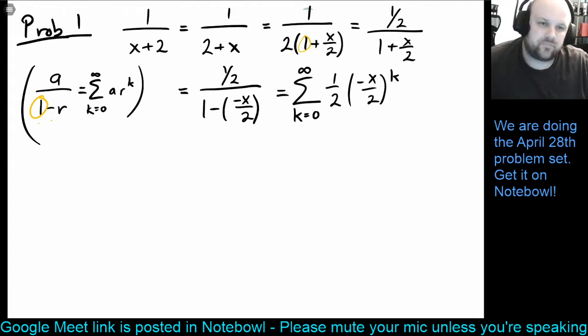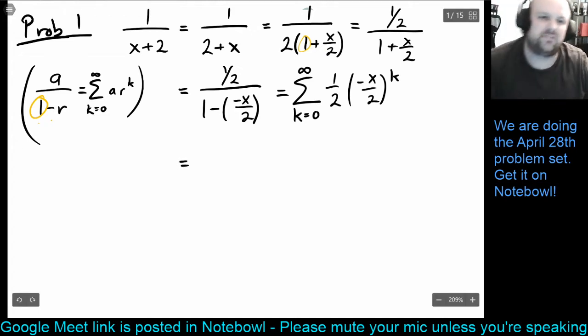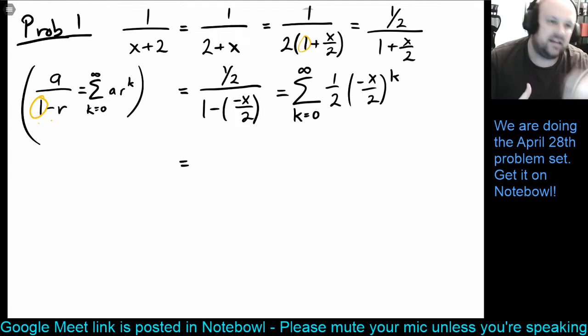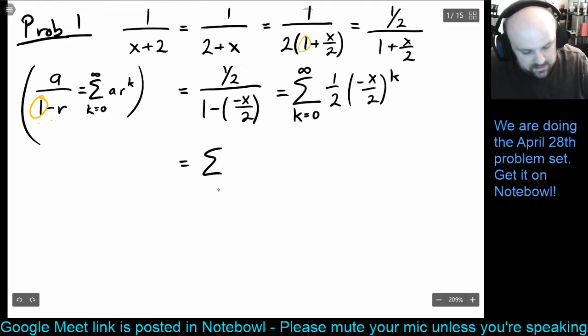Usually, we like to unpack this a little bit and get the x to the k part by itself, so that we have the coefficient piece and then the variable piece. So if we unpack it a little bit, the top here becomes minus 1 to the k, x to the k.